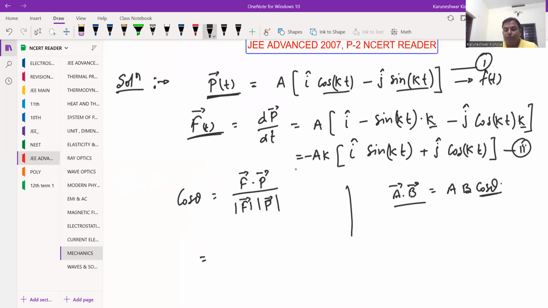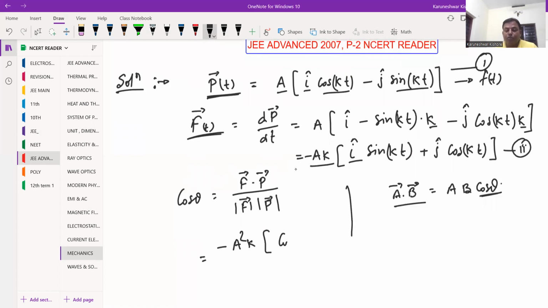So what is the force dot momentum here? This i dot i is 1. So we have sine kt and cos kt, with i dot i being 1. For the first term we get the coefficient a, and ak is multiplied outside with minus, so it is minus a square k, and the first term i dot i is 1, times cos kt sine kt.